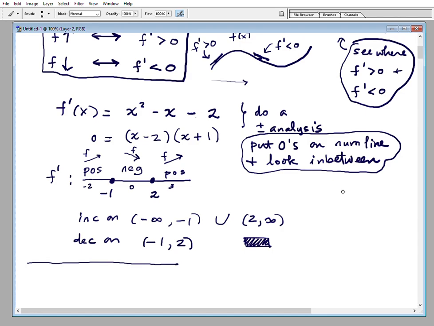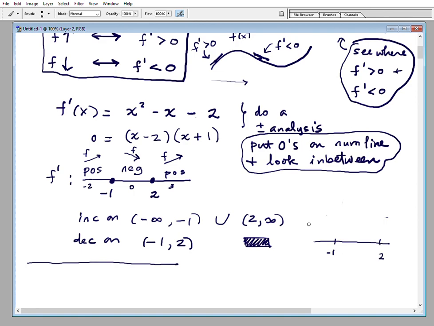If I draw the xy axis, let's say on the x-axis, here we have -1 and here we have 2.